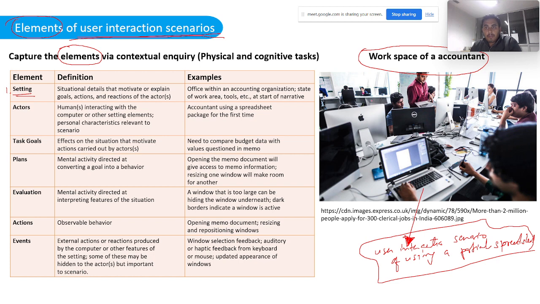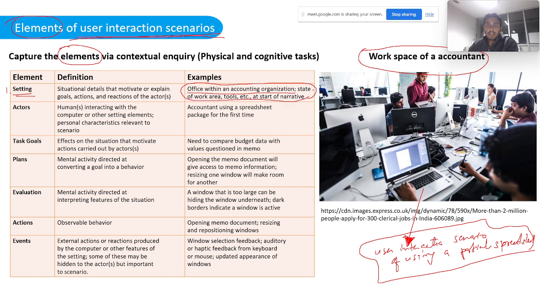For example, in this particular case, it is the office within which this particular person works. It also talks about all sorts of tools, the surrounding environment, and the people associated with him. As a designer, our goal is to capture all these details from a contextual inquiry.